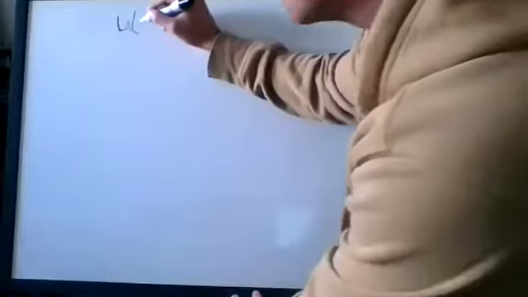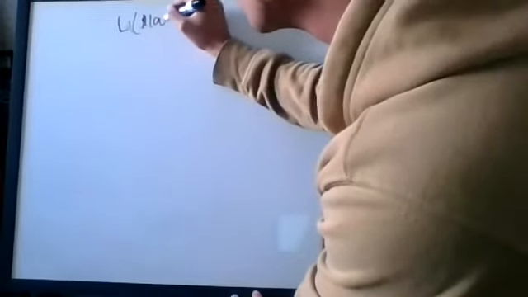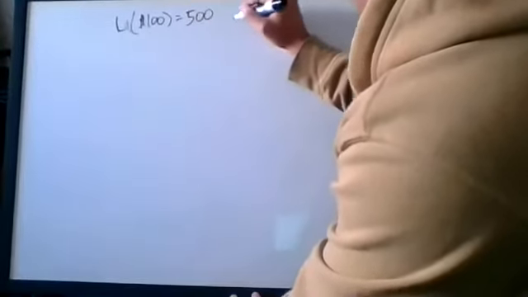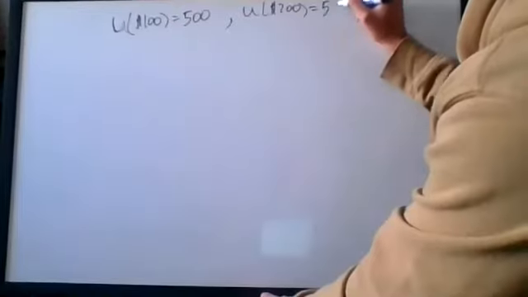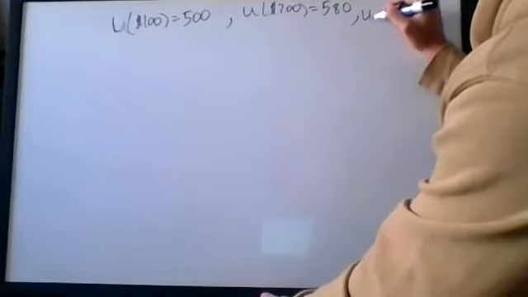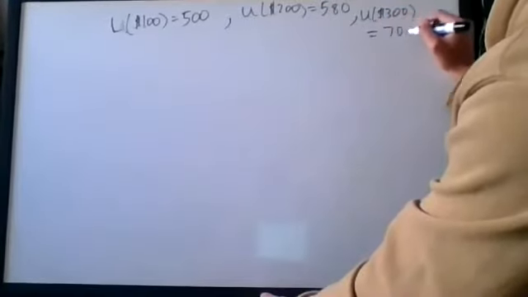We're given that utility at $100 is equal to 500. The utility at 200 is equal to 580, and the utility at 300 is equal to 700.